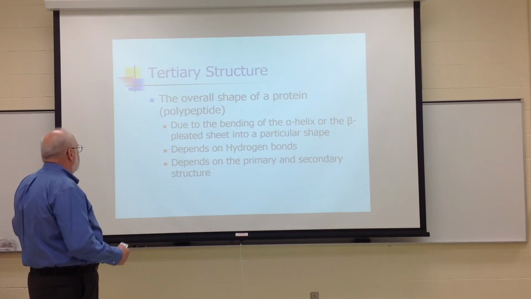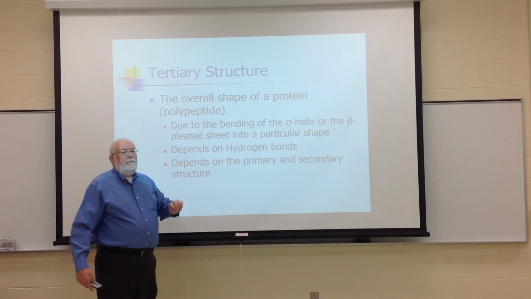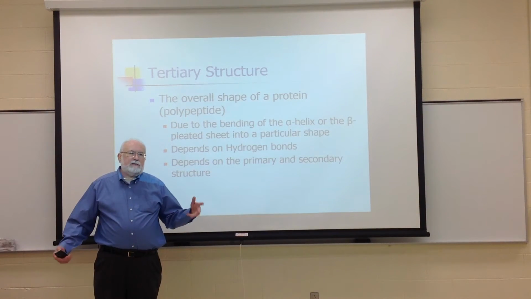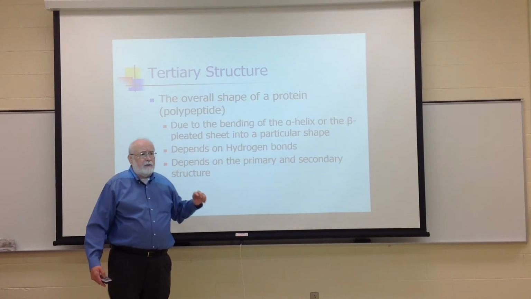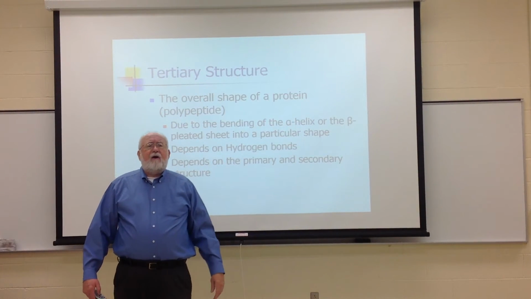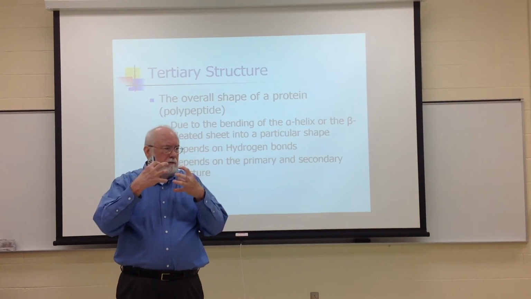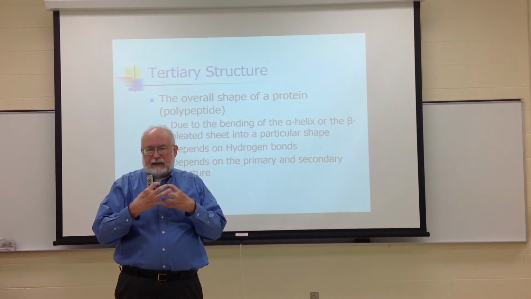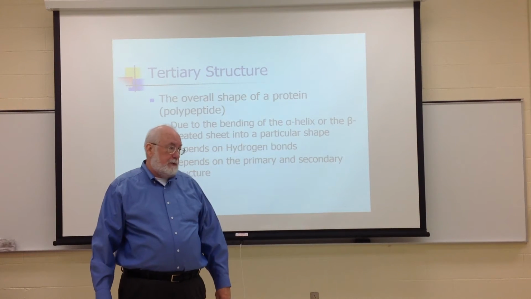Now, the tertiary structure. This is the overall shape of a polypeptide or a small, simple protein. What happens here? The alpha helix or the beta pleated sheet starts to fold. It bends and folds on itself into some three-dimensional shape.